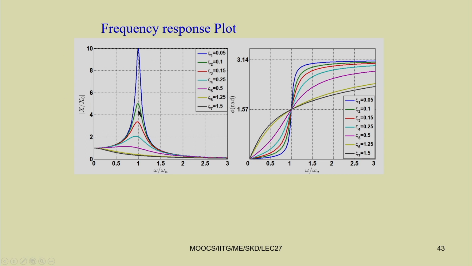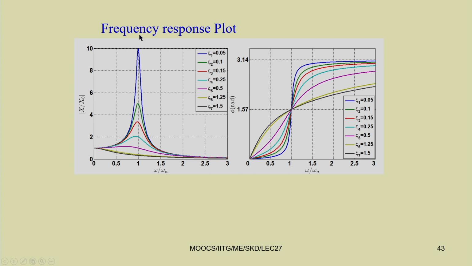In nonlinear analysis you can plot the frequency response plot also. Sometimes you will get a closed form solution, for example, in case of a single degree of freedom system with forced vibration. This magnification factor, or the displacement, versus omega by omega n is known as the frequency response plot.